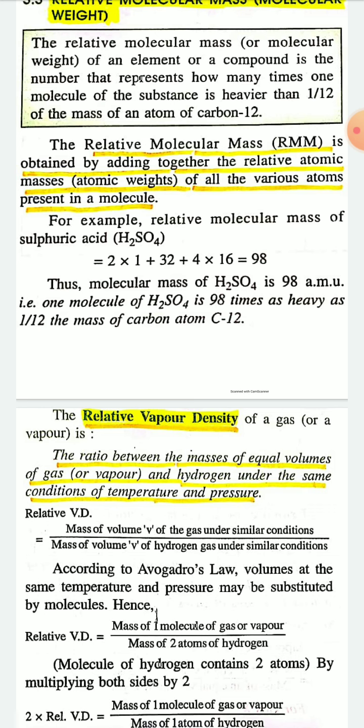So relative vapor density, relative VD, is equal to the mass of volume V of the gas under similar conditions divided by the mass of volume V of hydrogen gas under the similar conditions.